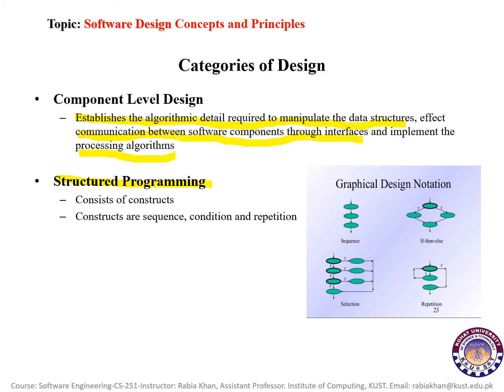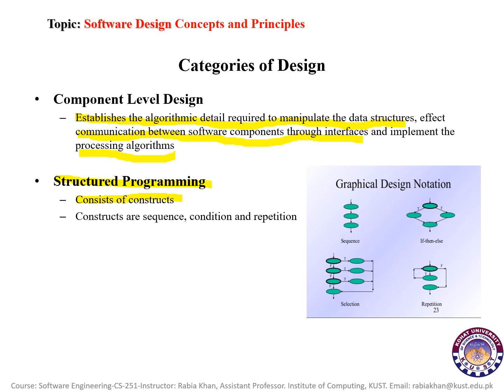It enters at the top and exits at the bottom, enabling a reader to follow procedural flow very easily. So generally, structured programming consists of different constructs. The constructs are the sequence, condition, and repetition.